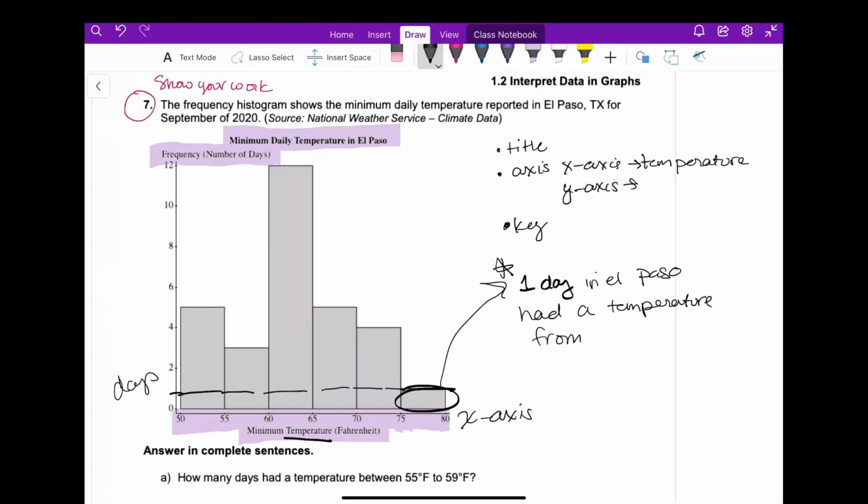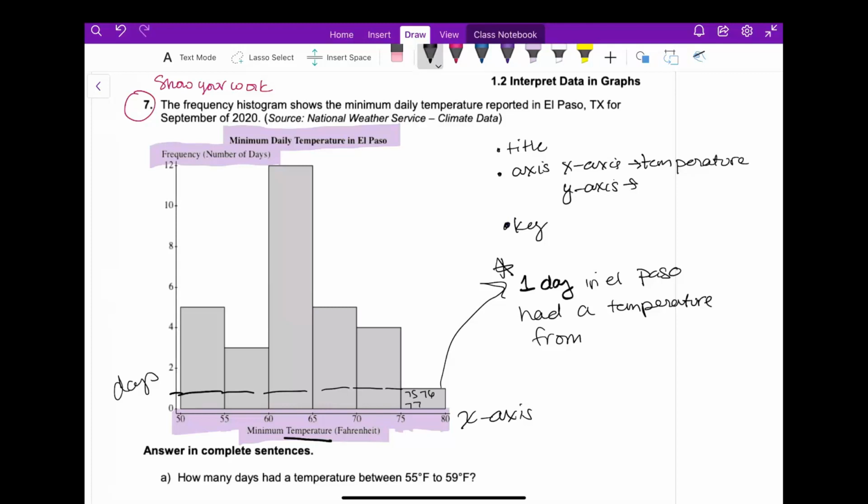From, all right, this is like that key part that you're learning. Maybe if you've never seen a histogram before. Remember that your bar is a bin. You cannot say 75 degrees because that's not true. This bar can have 75, 76, 77.